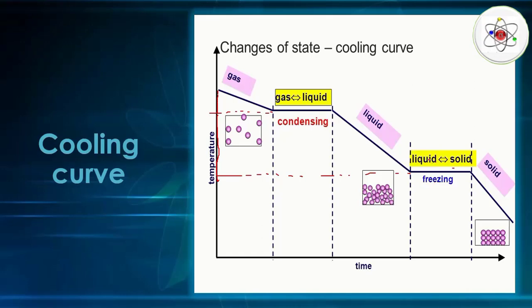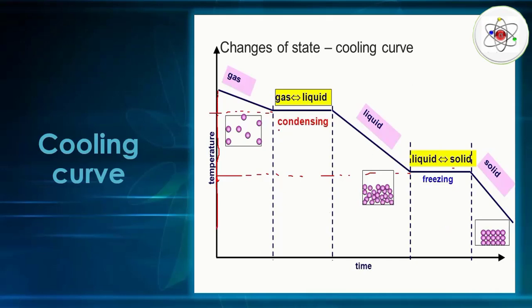You can say that when we cool down the substance, energy is released, the attractive forces are increased, and the particles come closer to each other and arrange themselves as solid particles. Once the entire liquid changes to solid, the temperature starts decreasing again.